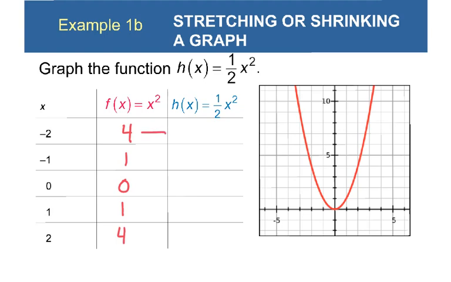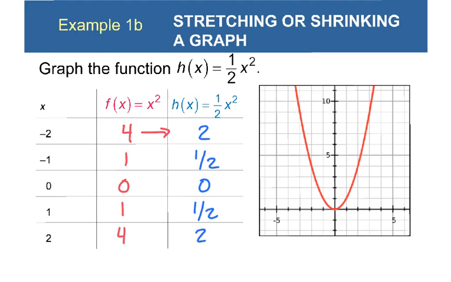Now to go from here to this point here, notice we're, again, multiplying a value to our x squared function on the outside of the function, not to x first, but to the whole function. And this is what we're going to end up getting. So 1/2 times 4 gives us 2, times 1 is 1/2. 0 is still 0. 1/2 and 2.